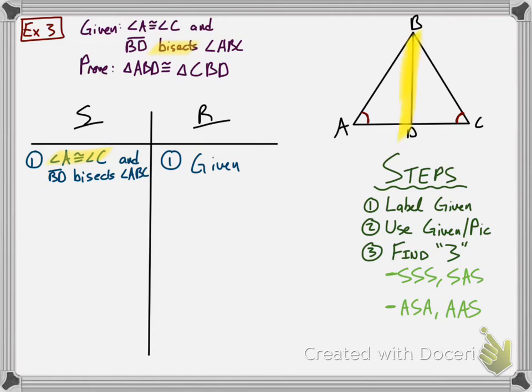So this segment is bisecting our angle here, ABC at the top. So that will tell us that those two angles are congruent. So we're going to write in our proof that angle ABD, the angle on the left at the top, is congruent to angle CBD, the angle on the right. And our reason is the definition of bisect.